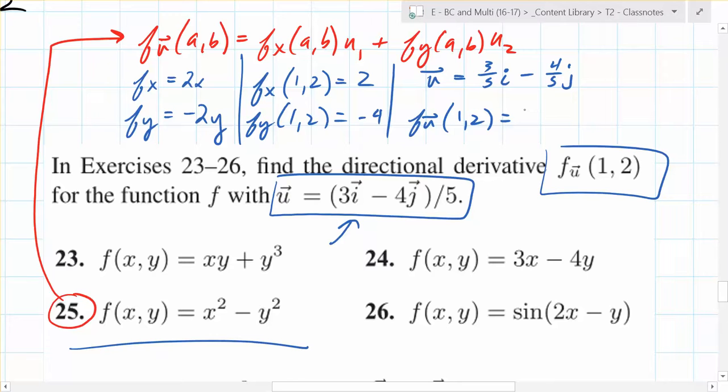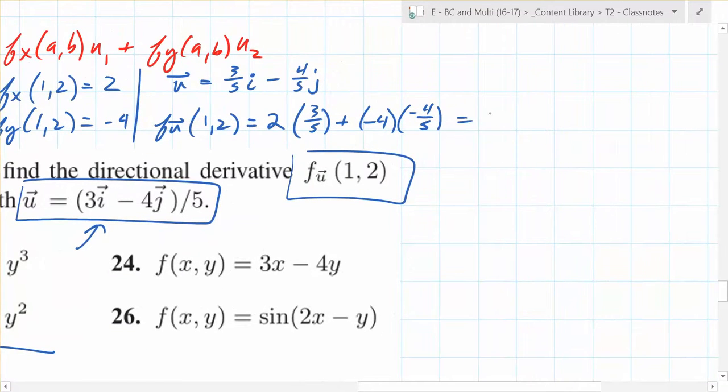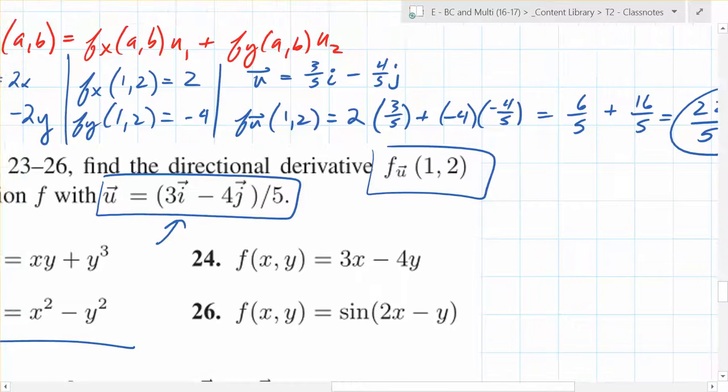It's 2 times 3 over 5 plus negative 4 times negative 4 over 5. So what do we get there? 6 over 5 plus 16 over 5 is? Did we do okay?